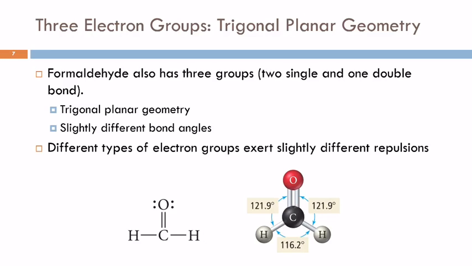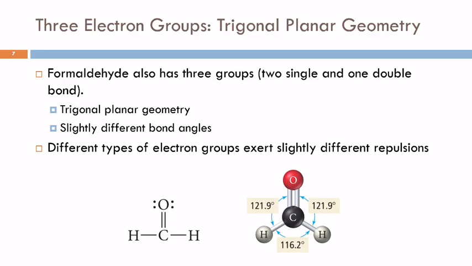Okay? Yes? So, like a double bond would have a higher repulsion. And so like a triple bond would have a higher than a double bond. Yeah. So I think the easiest way to think of this is that the double bond takes up more space. And so the double bond needs a little more space, and so these guys are going to get squished together a little bit.